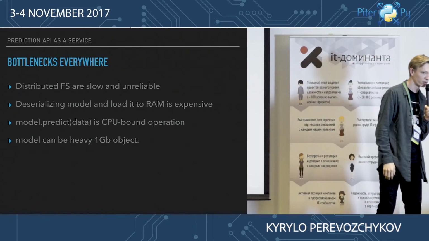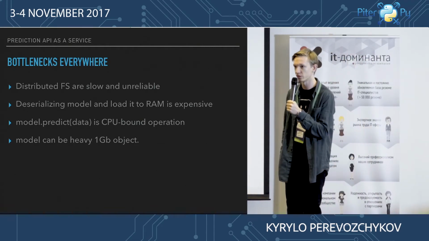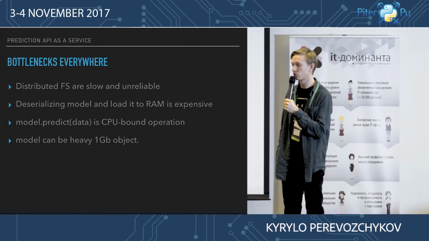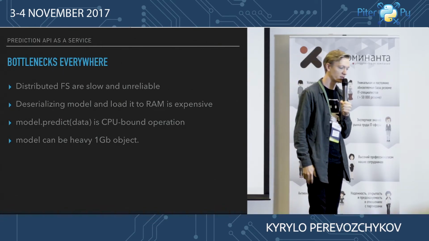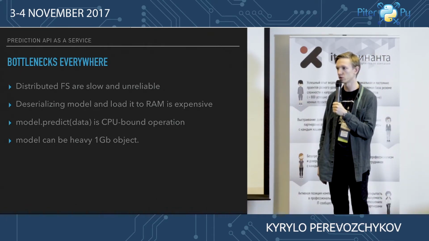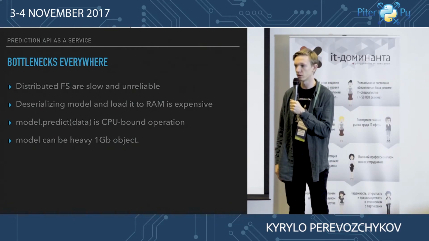And another thing: people say, well, our load is large, we'll use async IO. But no, you won't manage it, because prediction is a CPU-bound task. It cannot be asynchronous.